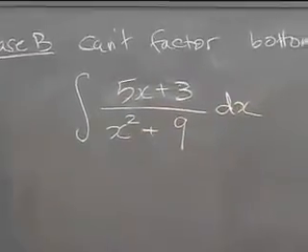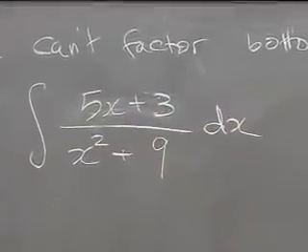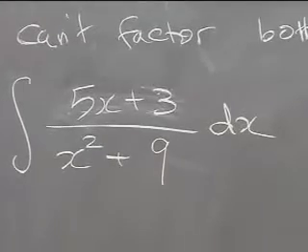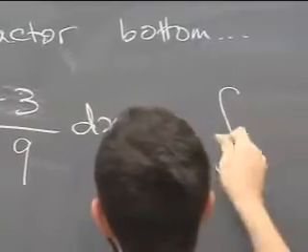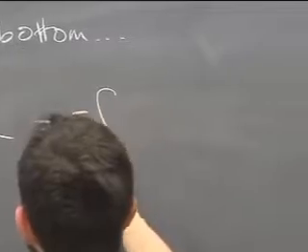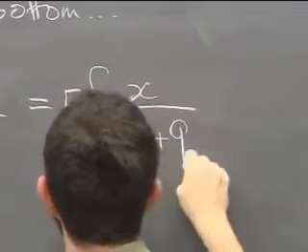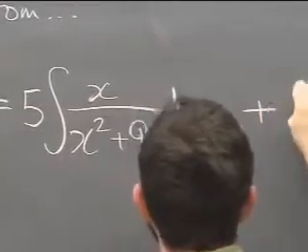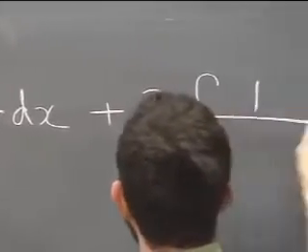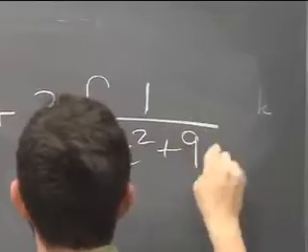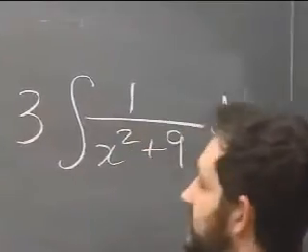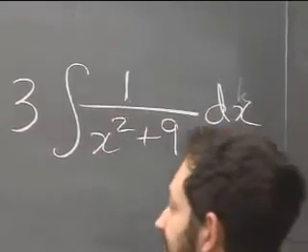Okay, well, clearly you cannot factor x squared plus 9. So the way to do this is just to break it up into two integrals. The first integral, I'll pull out the 5, and you get x over x squared plus 9. And the second integral, I'll pull out the 3, and you get 1 over x squared plus 9. Okay, so these have to be handled completely differently.